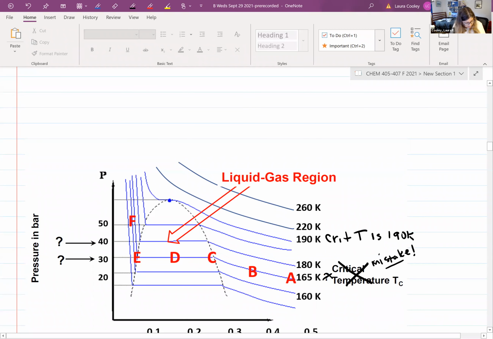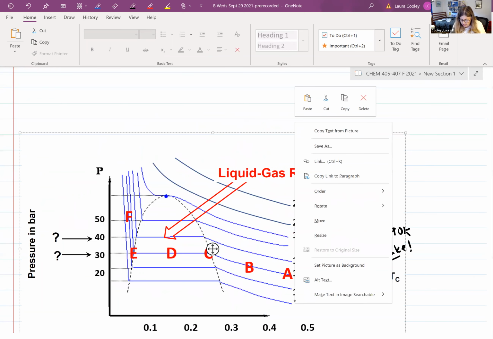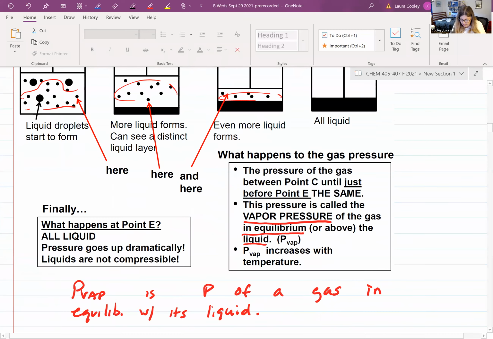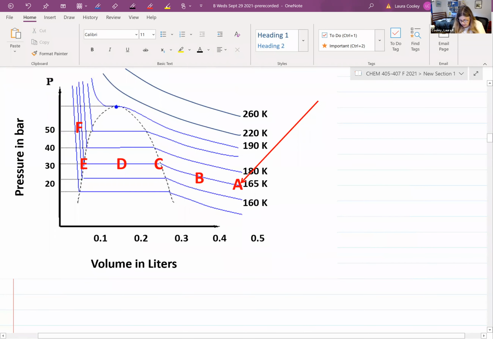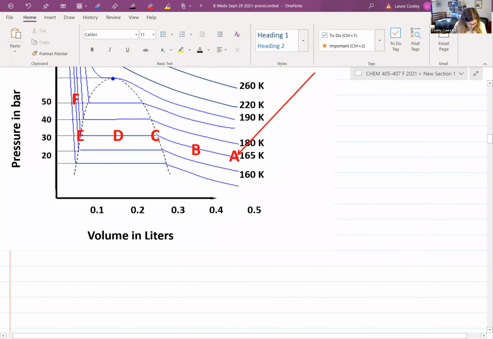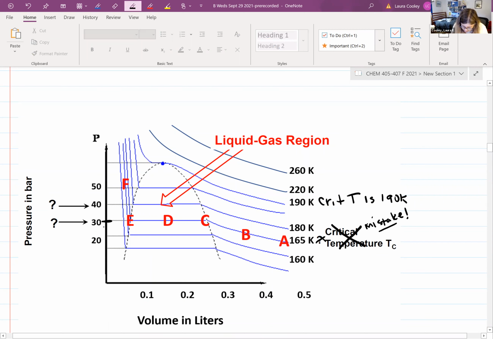Okay, so we got the vapor pressure. It's the pressure of the gas in equilibrium with its liquid. Here's another thing I'd like to say: the vapor pressure is the same whether you have three drops of liquid, like is shown in the first diagram, or whether you have a lot of liquid sitting on the bottom of the container. All right, so if we look at this, this is 165.